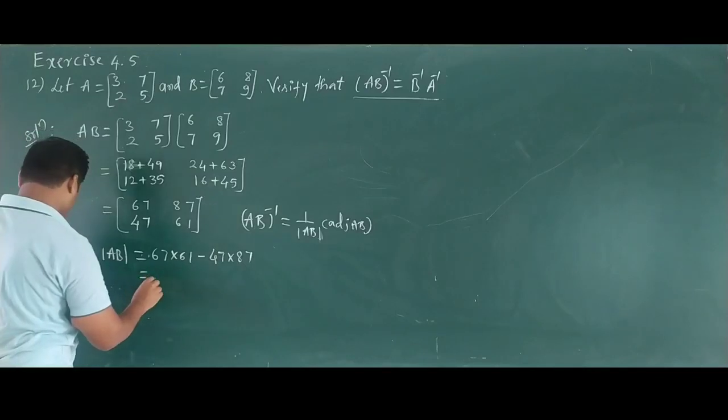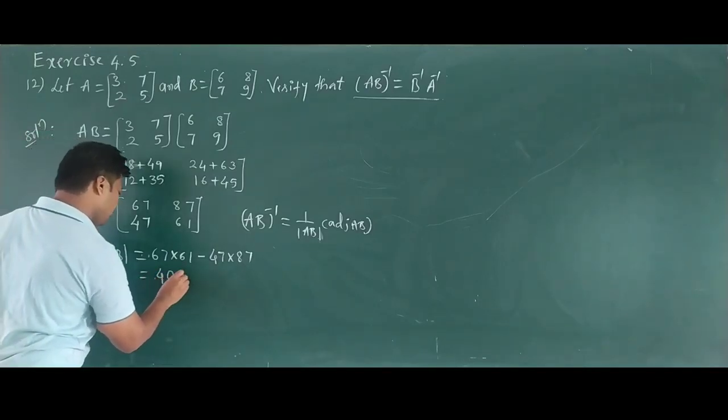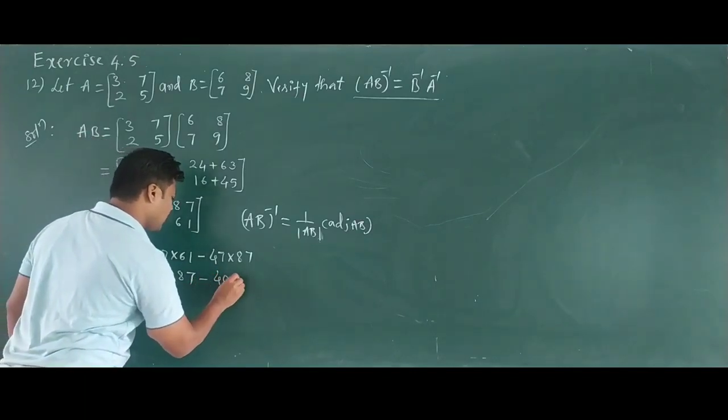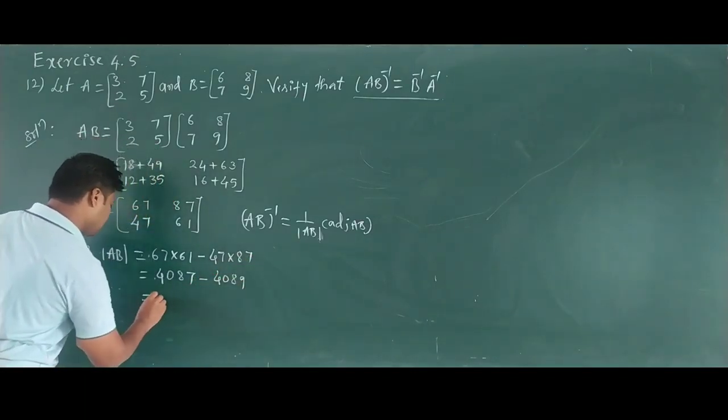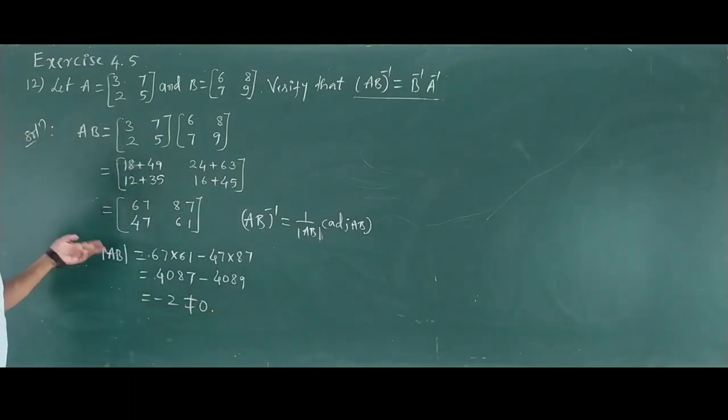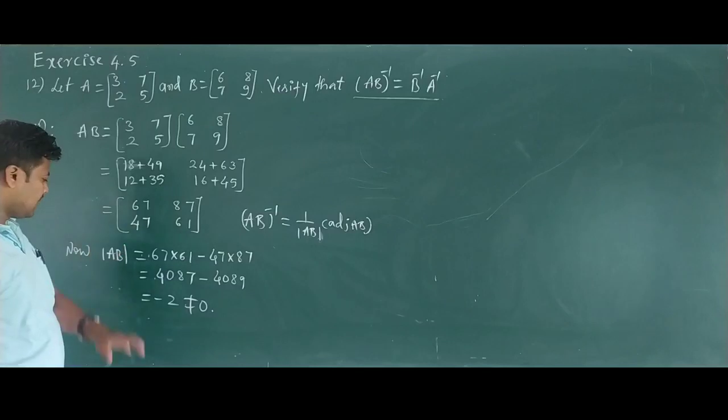So we have to multiply again. 4087 is the product minus 4089 is the product. So this equals minus 2, which is not equal to 0, and AB inverse exists.